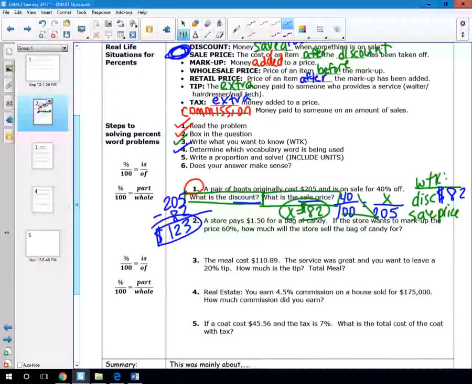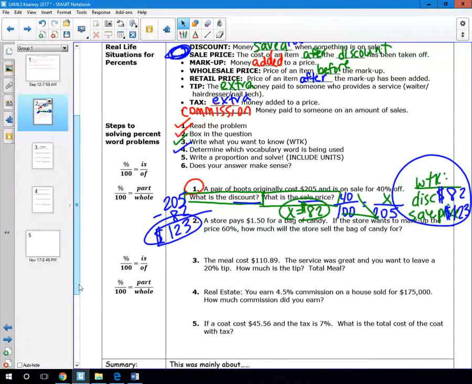Now ask yourself if that makes sense. Does it make sense that they were $205, I took 40% off, so almost half, and they are now $123? Yeah, that sounds pretty reasonable. So the sale price is $123. Okay, and we always want to come back and say, did I answer what I want to know, which was discount and sale price, and we did.